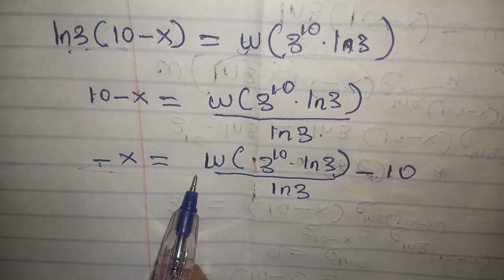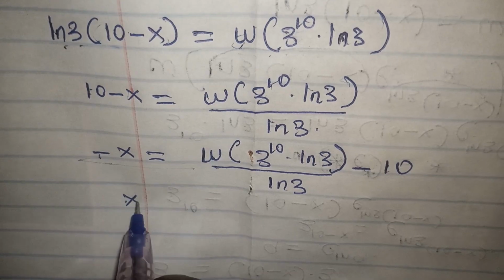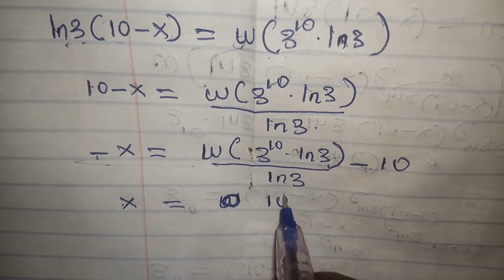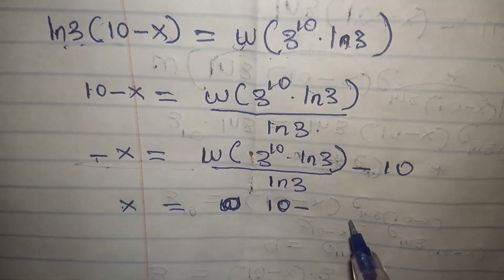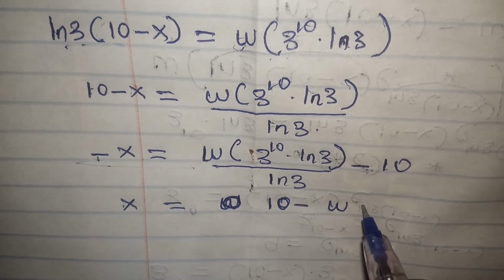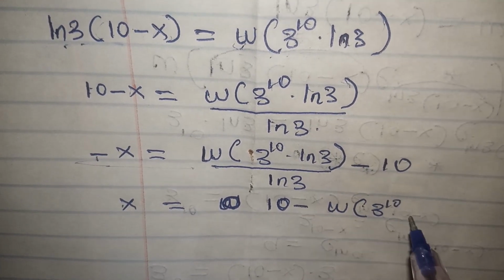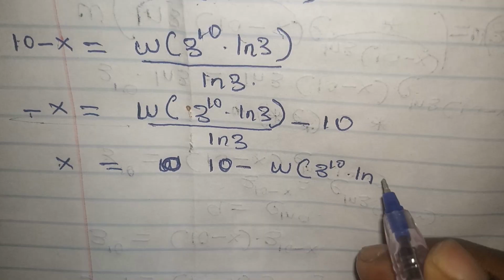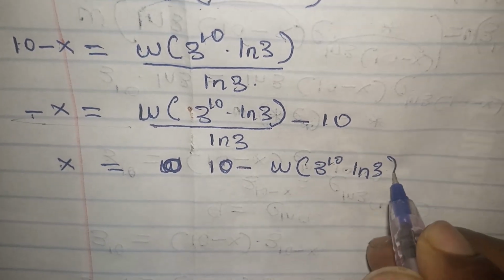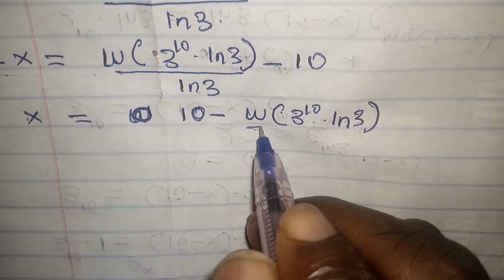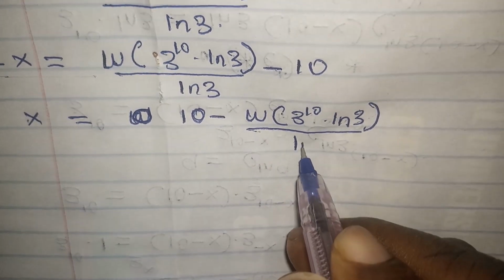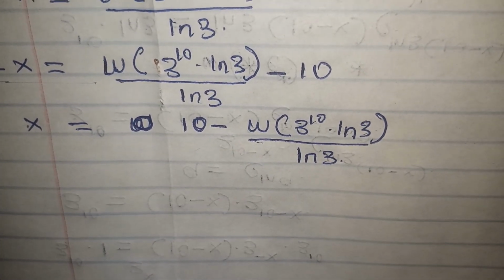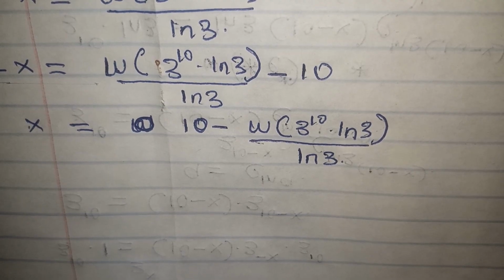If we divide both sides of the equation by a negative sign, our x is now equal to 10 minus the Lambert W function of (3 to the power of 10 times ln 3) over ln 3. So this is the value for x.